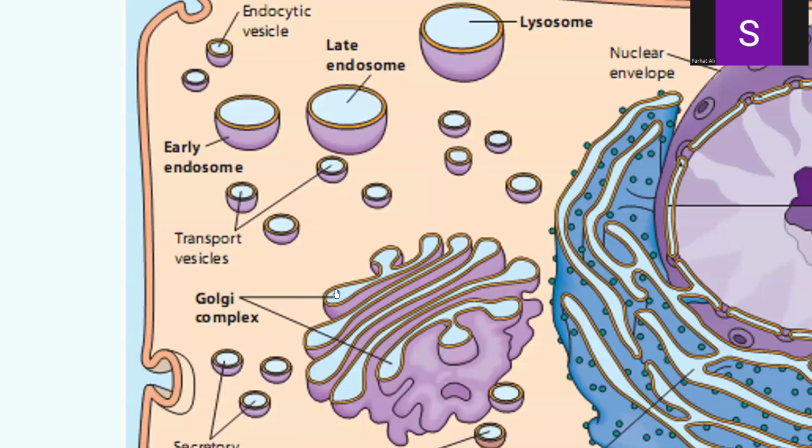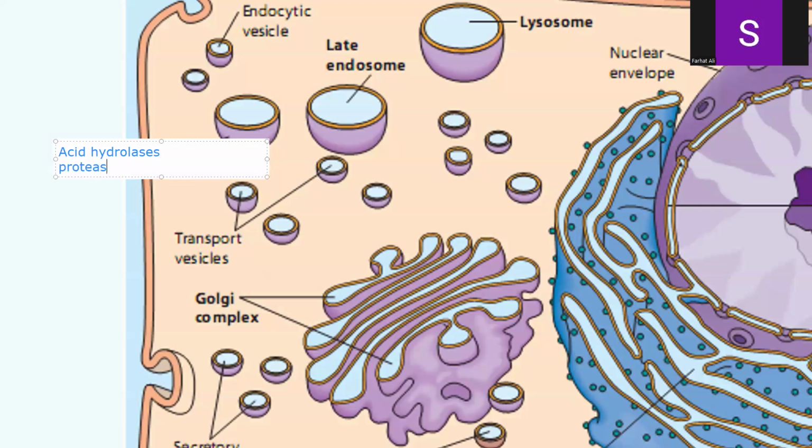Also, the Golgi complex processes a group of proteins which are called acid hydrolases. The acid hydrolases are hydrolytic proteins. These are enzymes which carry out hydrolysis of molecules.